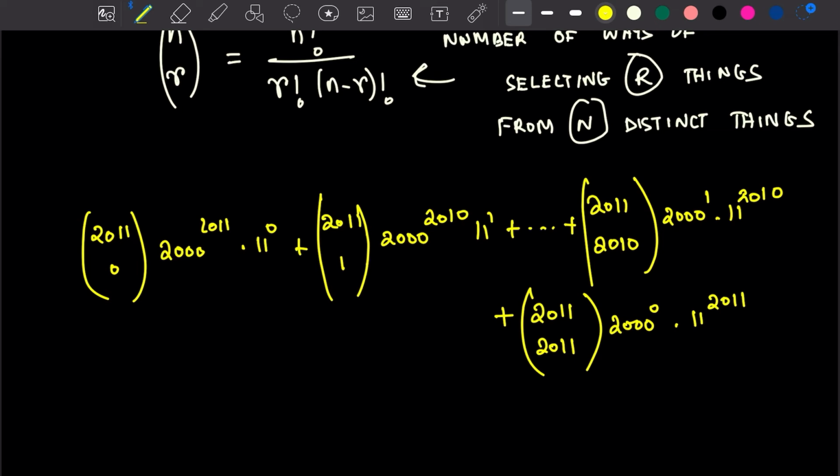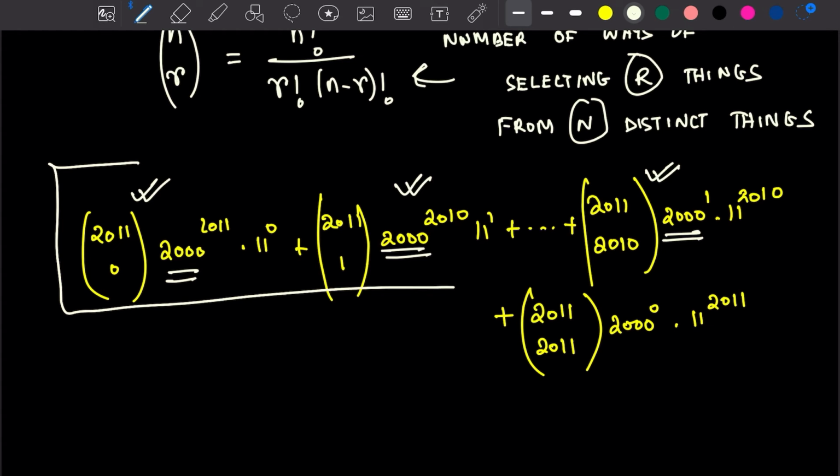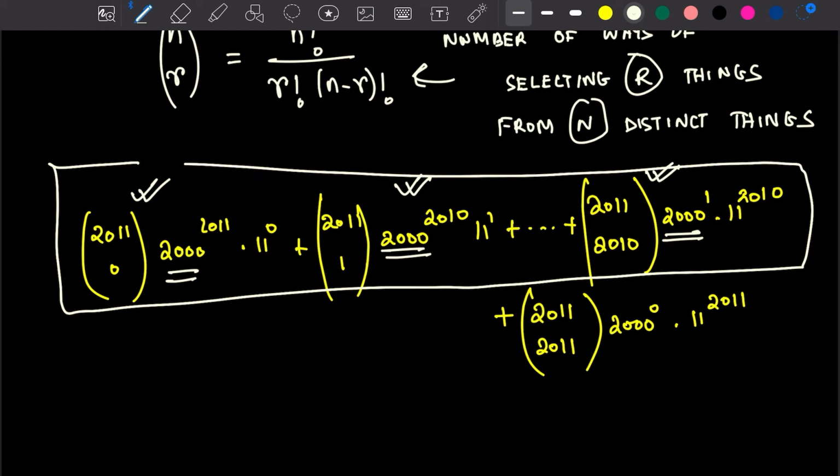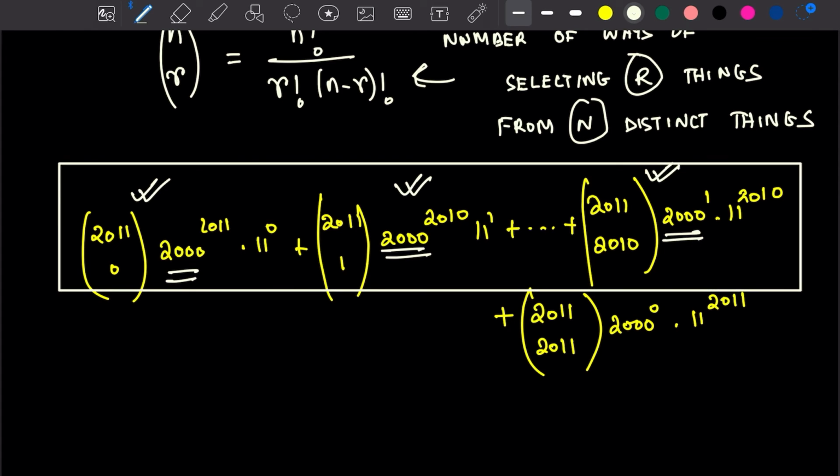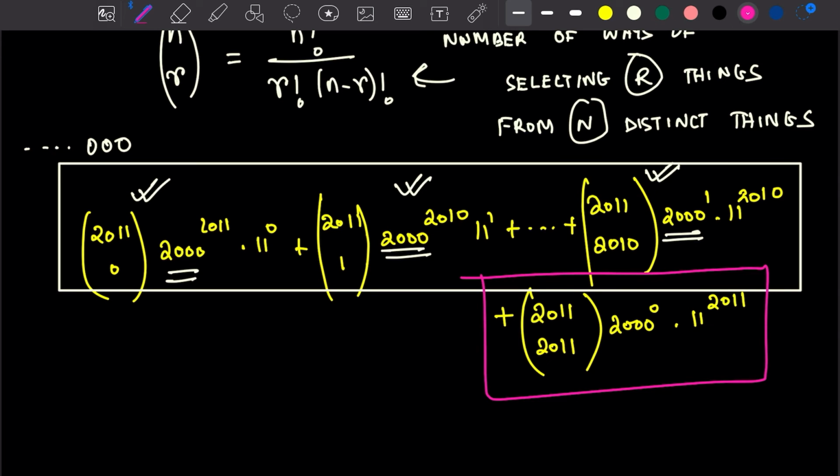Okay, so what we observe is in all of these terms, except the last, we have at least one 2000 multiplied. So the last three digits of this entire sum will be 0, 0, 0. So we can just focus on this last term.